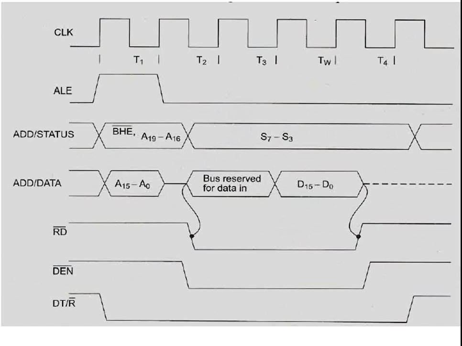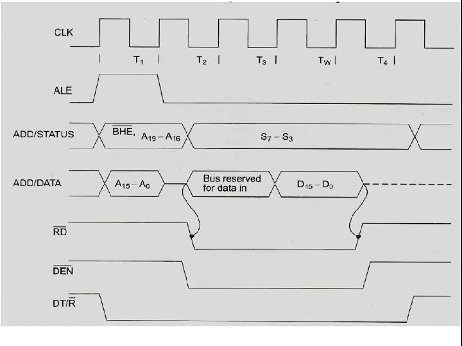Here we can see that during T1, the address lines contain the address, and then during T3 and TW till the mid of T4, they contain data. The higher order address or data bus has status signals during T2, T3 and T4. The RD signal goes low.